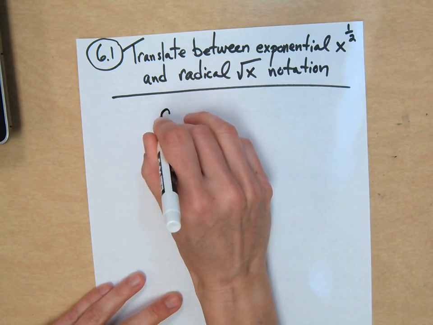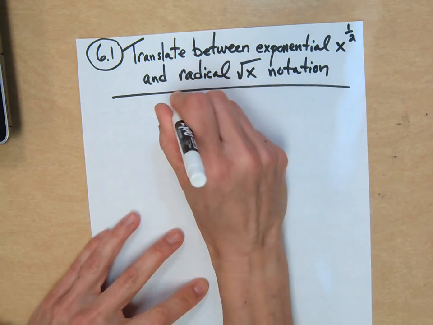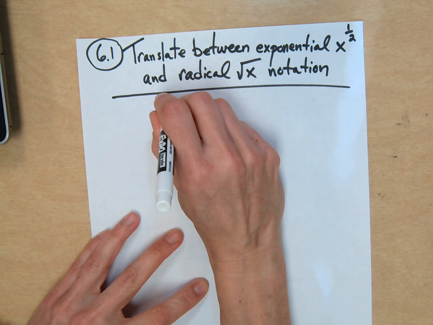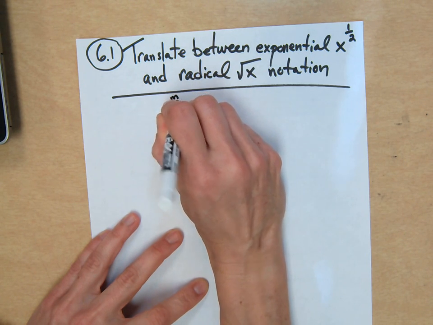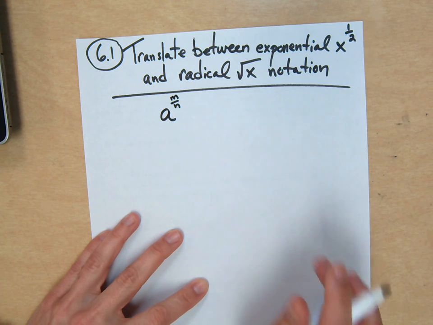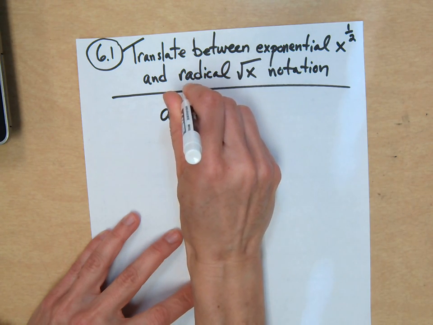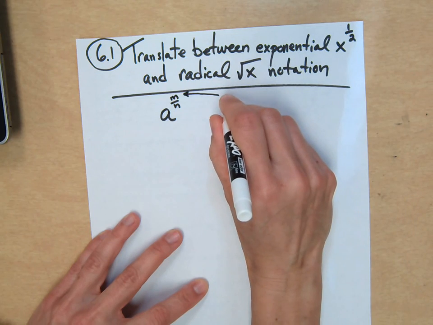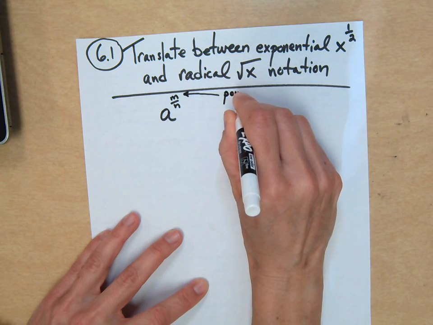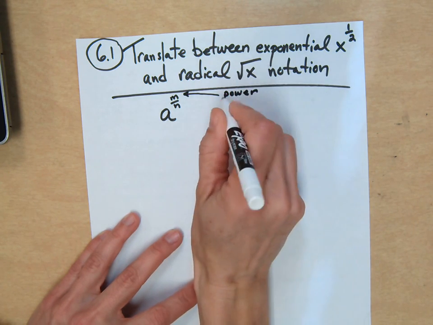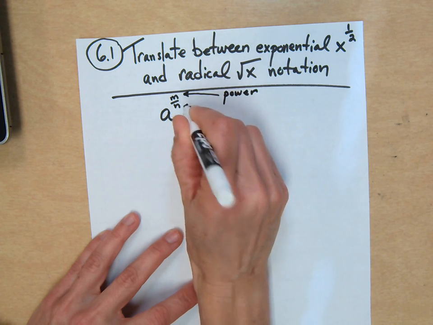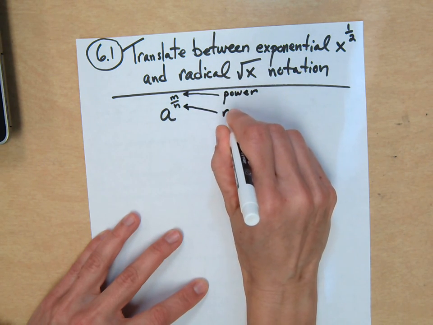If you have a, and there's a fraction raised to the m over n power, then what that fraction means is the number on top, in the numerator, stands for the power, what you're raising it to, and the number in the denominator, that n, stands for the root.